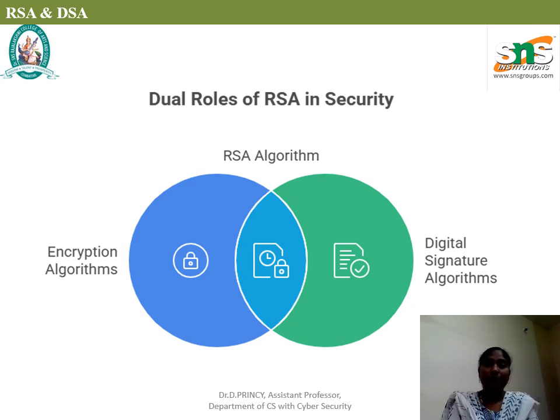First, we have to see about RSA. The RSA algorithm is a public key cryptographic mechanism used to generate the digital signature. Mainly, it is used as an encryption algorithm, and also as a digital signature algorithm.